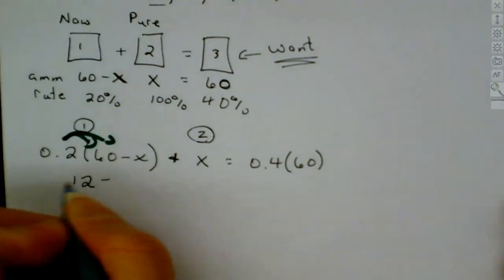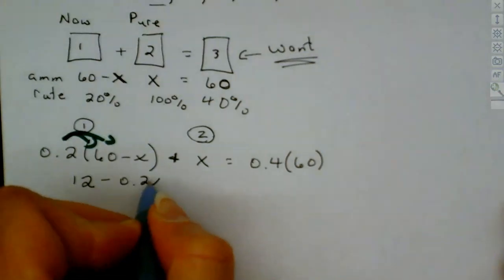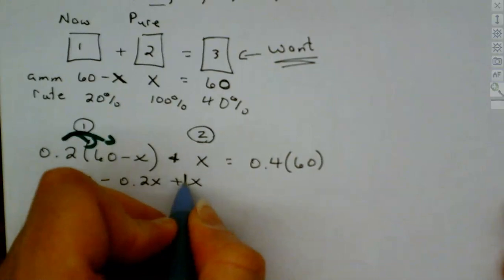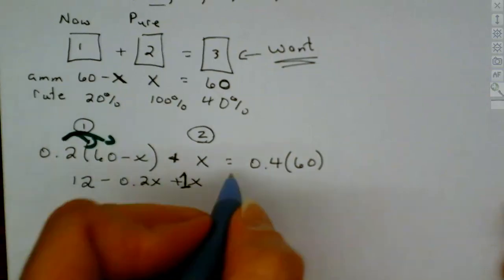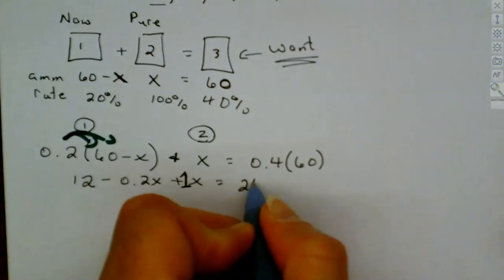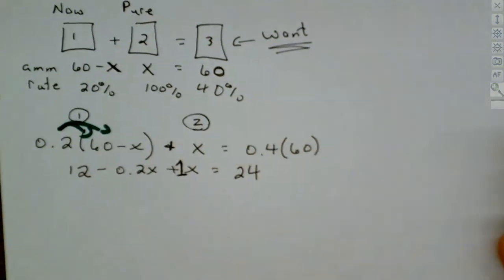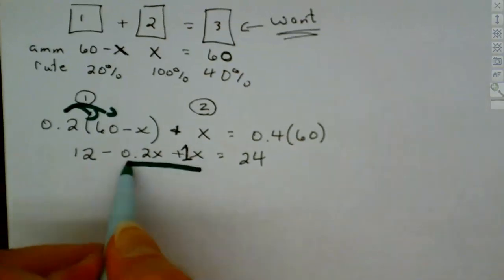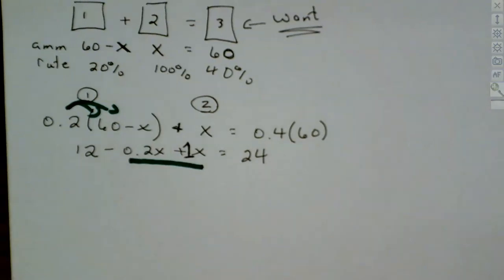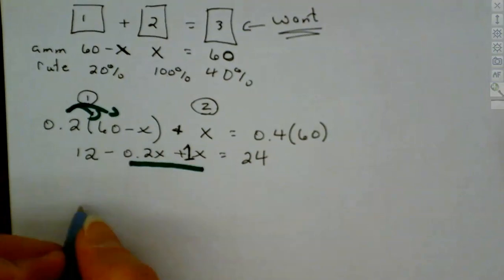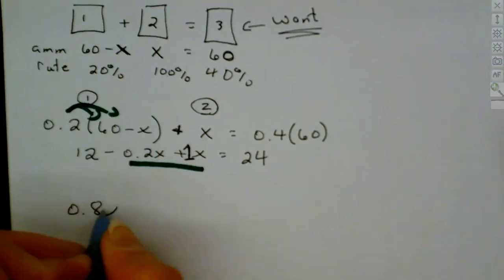That is 12 minus 0.2x plus, now here's where you might make a mistake. This is 1x, right? So there's a 1 there. And 0.4 times 60, well, that is a 24. If there's a mistake, more than likely it will be right here. So those are going to go together. 1 minus 0.2, well, that's a 0.8x.